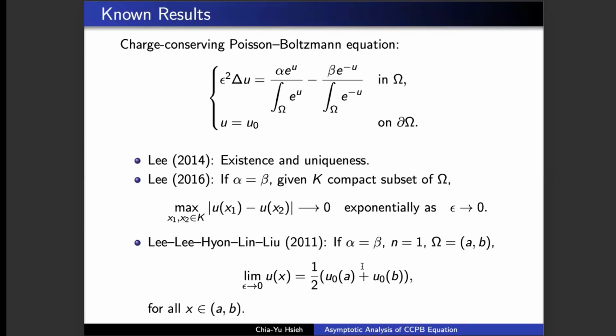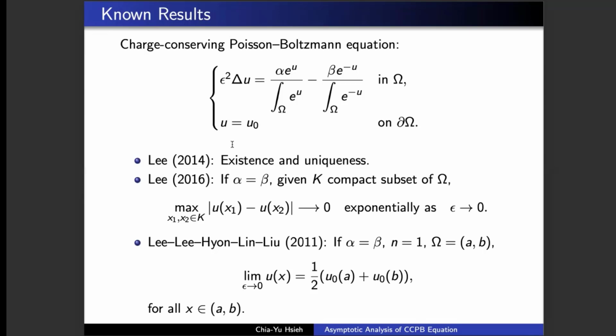So let me introduce some known results of the charge conserving Poisson-Boltzmann equation without singularity. We consider this equation in the whole domain omega. The existence and uniqueness was proved by Junzhang Li in 2014, based on a variational principle by the direct method.